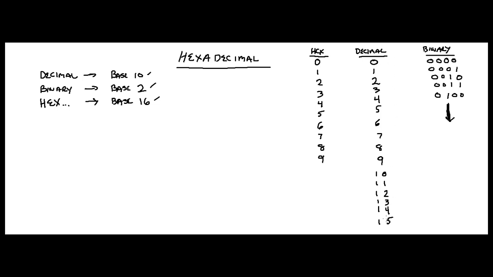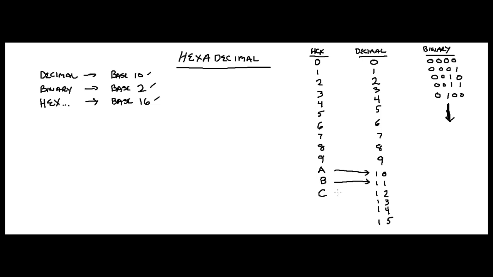But in hexadecimal, we have to go all the way to 15 using one digit. So instead, we just start using the alphabet. The capital letter A maps to decimal 10. Capital letter B maps to 11.